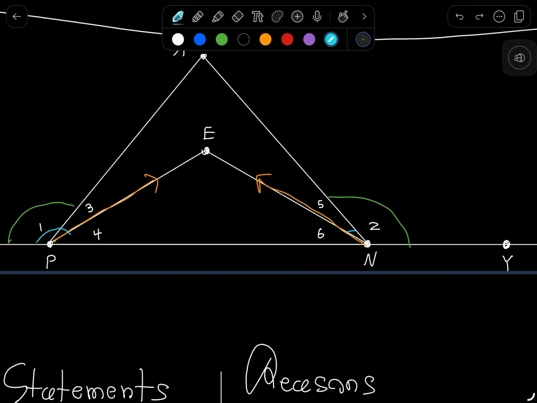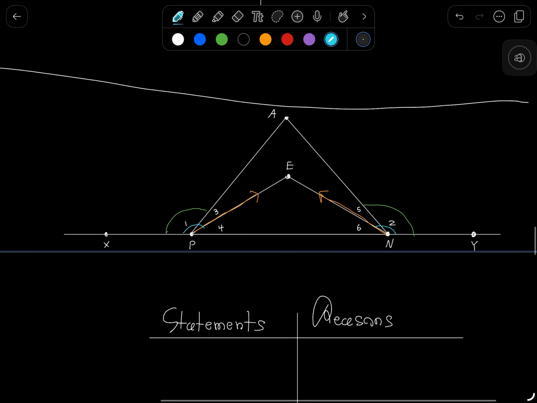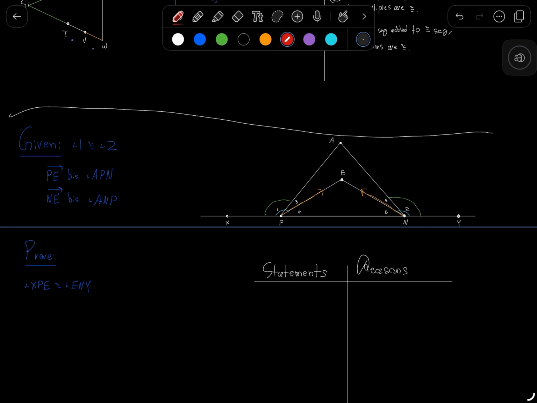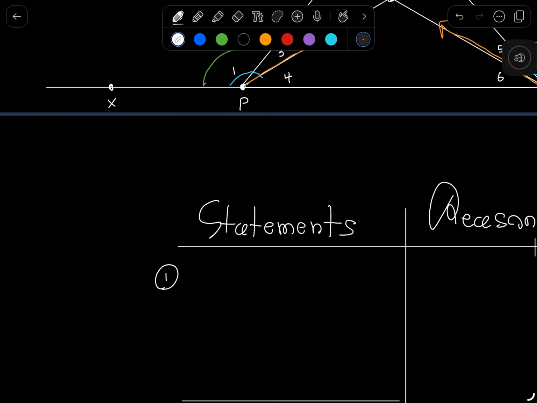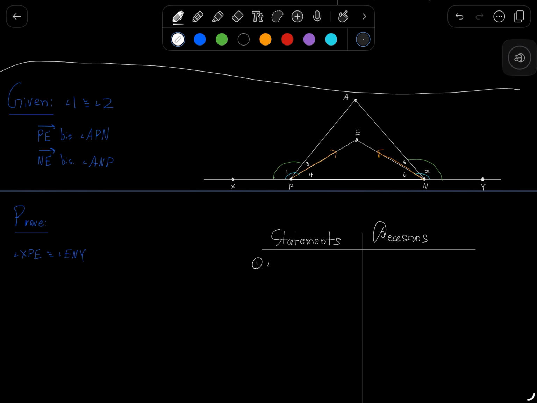Initially, this might seem a bit confusing because you don't know exactly how to prove those two are congruent. But once again, whenever you're given stuff in the problem, think about what you can justify with just that, right? So let's write our givens down first. Of course, angle 1 is congruent to angle 2.